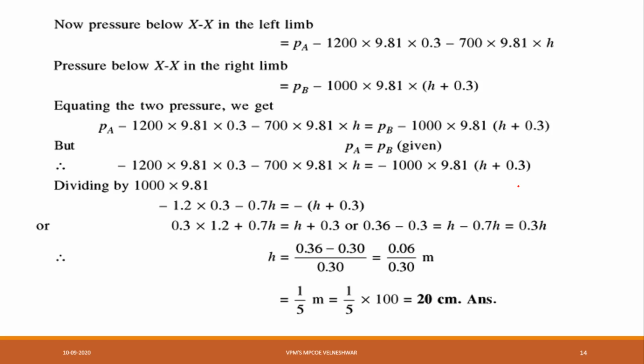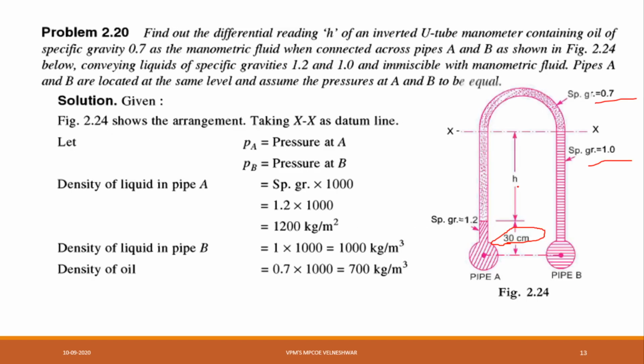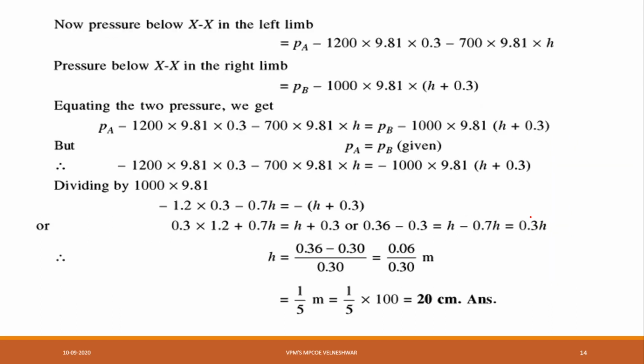Now pressure below XX in the right limb is PB minus 1000 into 9.81 into the overall height from here to here, which is h plus 30 centimeter, that is h plus 0.3. Next step: equating the pressure in the left limb to the pressure in the right limb, PA minus 1200 into 9.81 into 0.3 minus 700 into 9.81 into h is equal to PB minus 1000 into 9.81 into h plus 0.3.